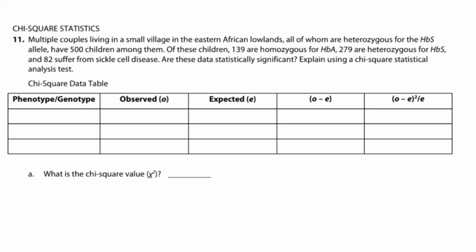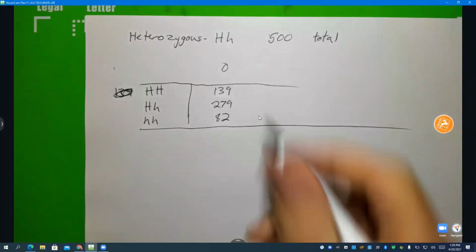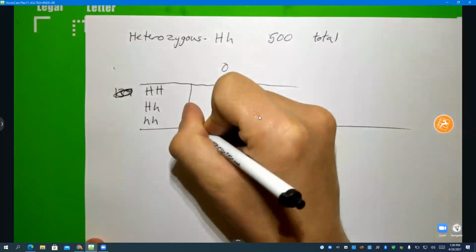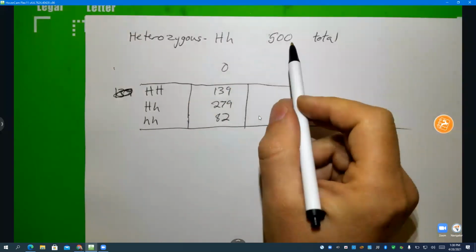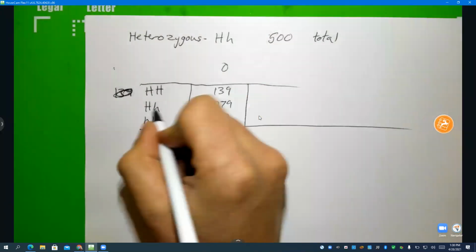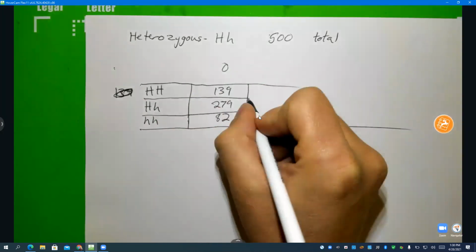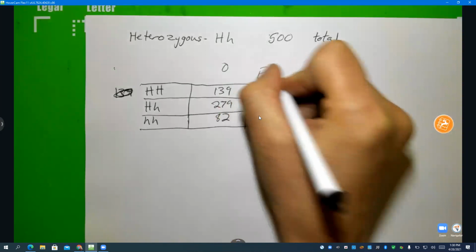Okay? That was observed. Let me show you my calculations. So these were the numbers that were observed for each of these genotypes. And we need to figure out what the expected is.